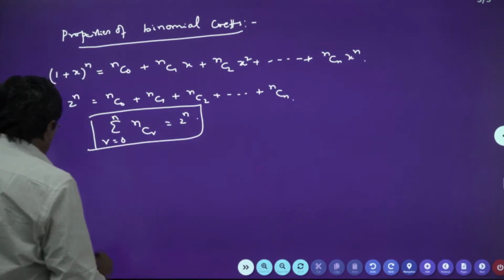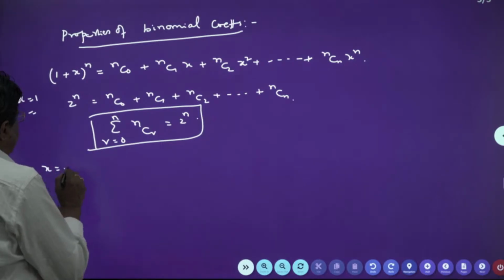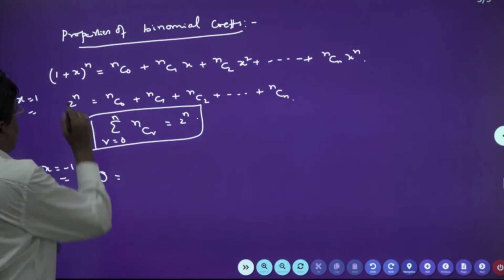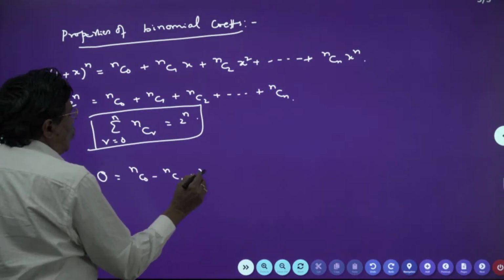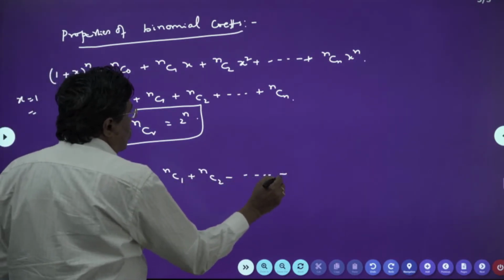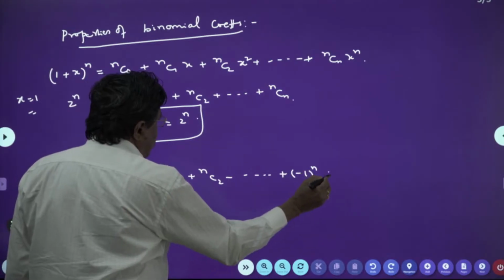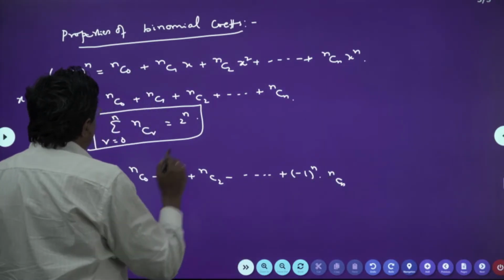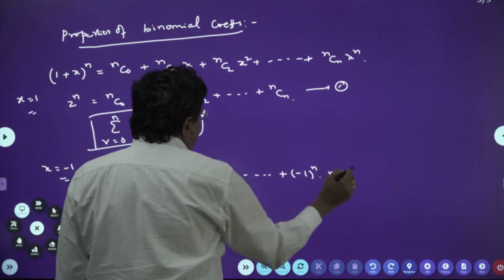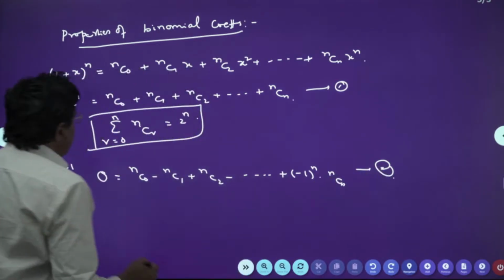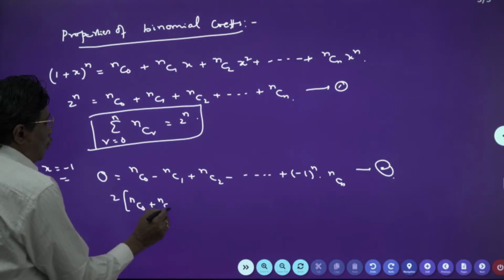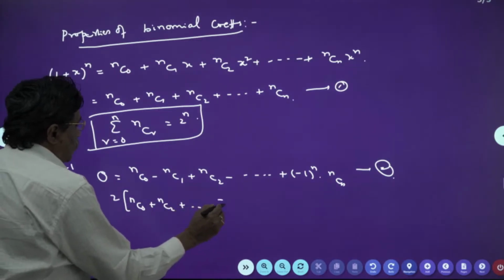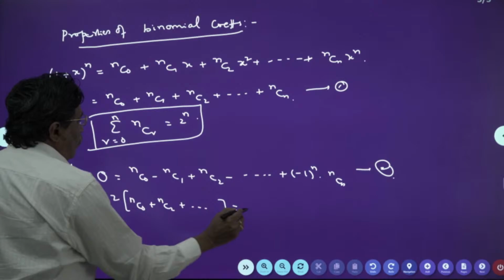Now, suppose you put x equal to minus 1, you get 0 here, and we get nC0 minus nC1 plus nC2 minus nC3 and so on plus minus 1 to the power of n into nCn. Now, if I say this as 1 and this as 2, and if I add these two, I get 2 into (nC0 plus nC2 plus so on) is equal to 2 power n.